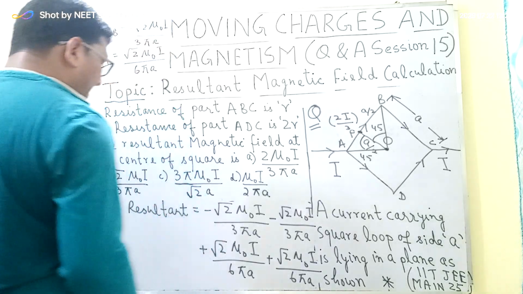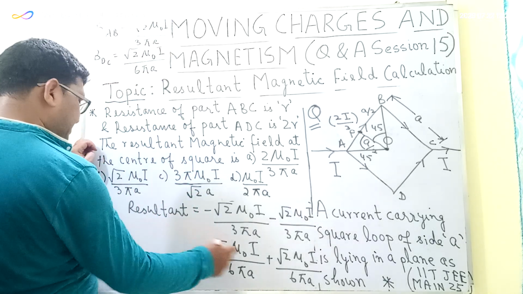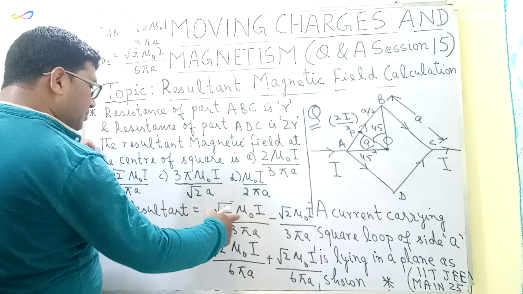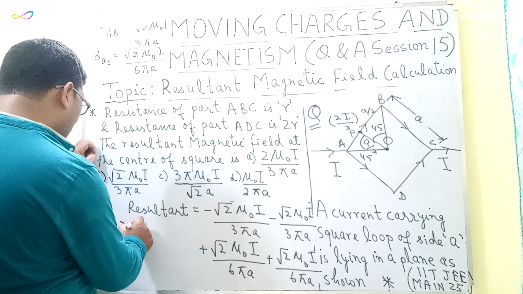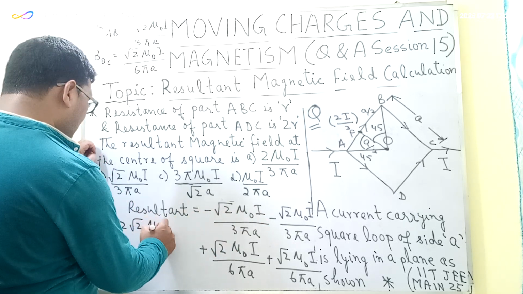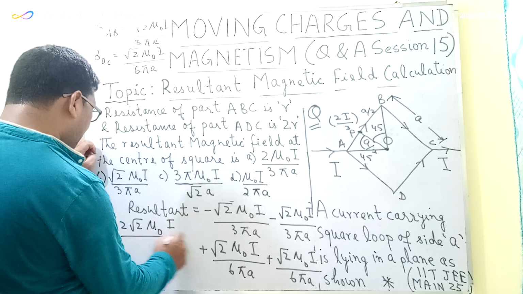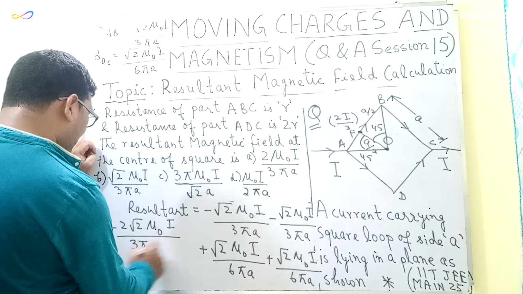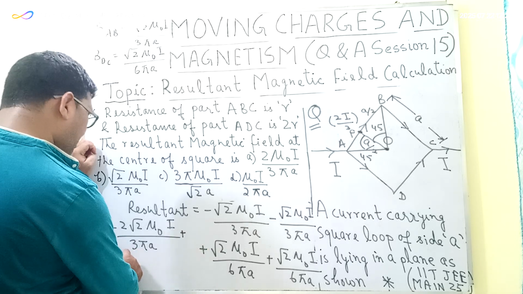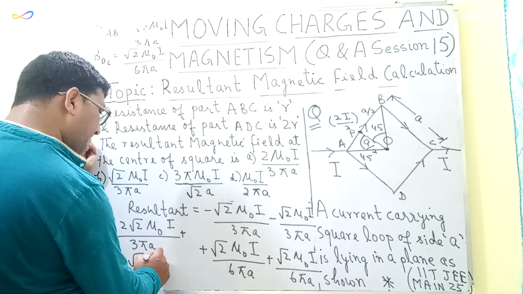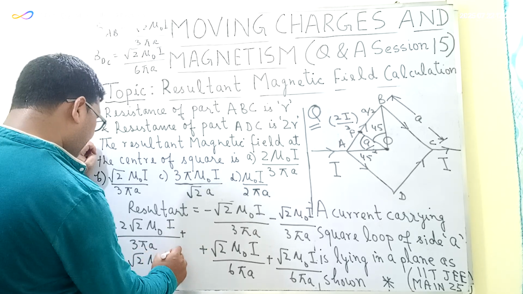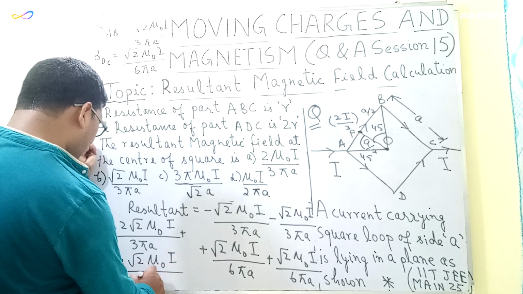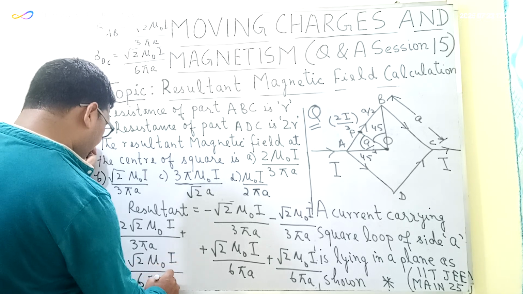Now we have to simply solve this. So from here, this is equal to minus 2 root 2 mu naught I divided by 3 pi a, plus 2 root 2 mu naught I upon 6 pi a.